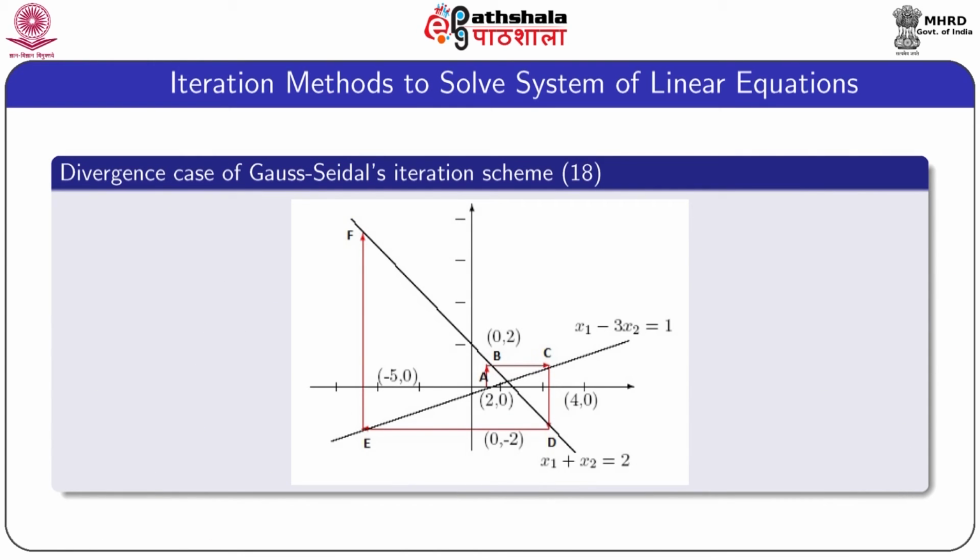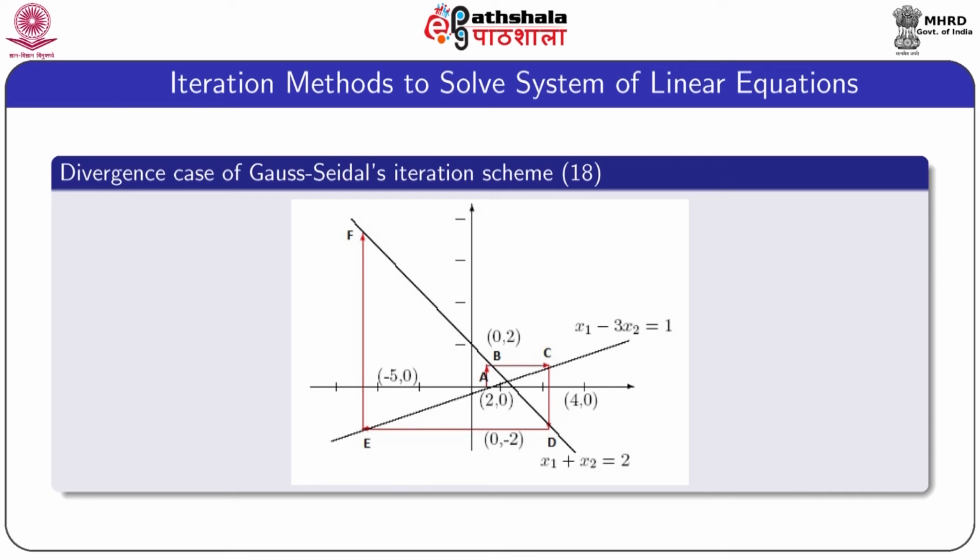Whereas the divergence case of the Gauss-Seidel iteration scheme, that means scheme 18, is shown in this figure. The iteration scheme starts from the point A, whose coordinate is (1, 0), and goes to the first equation at the point B, then it moves to the second equation to the point C, then it comes to the first equation at the point D, and from D to E and to F. So, see that the iteration scheme gradually diverges to infinity.